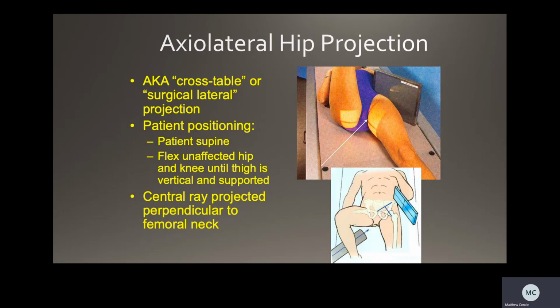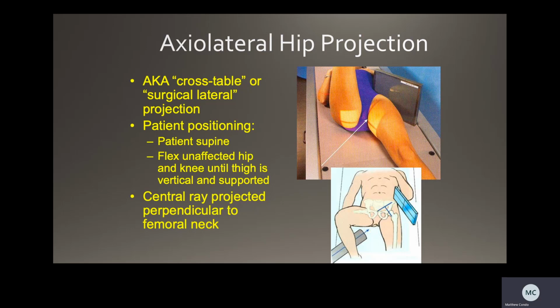So when it comes to axiolateral hip projection, just understand how this image is made. Understand that we're essentially having the patient's contralateral unaffected side flexed in terms of the hip, and we're shooting in that image at the other side, right?